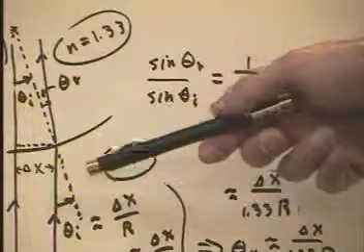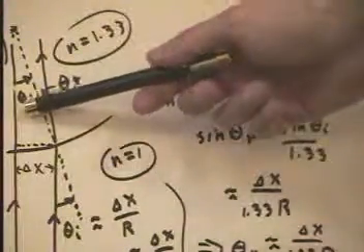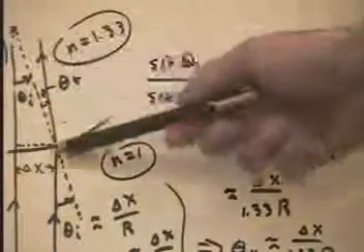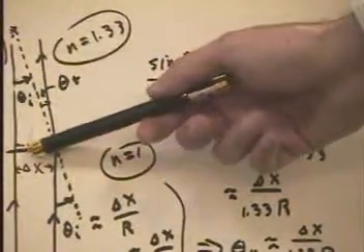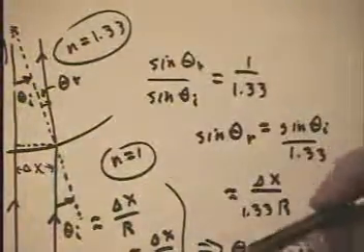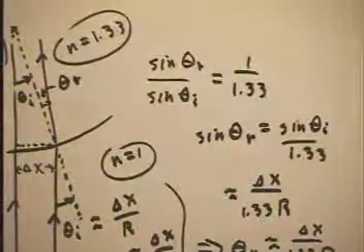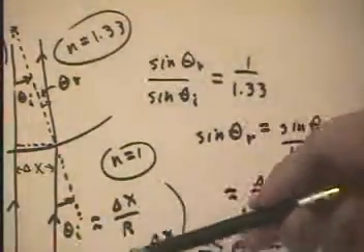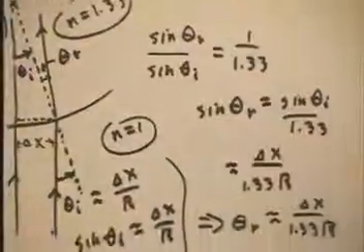For small delta x, we know that the angle in radians is approximately equal to its sine. What's the sine of this angle? The sine of theta sub I is the opposite side over the hypotenuse, which is delta x over r. The angle is about equal to its sine, so the angle is also approximately delta x over r. So we say that theta I is approximately delta x over r.